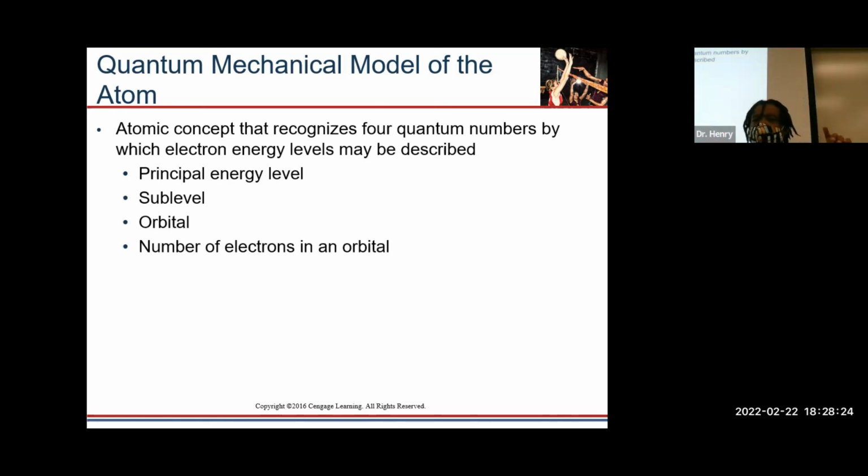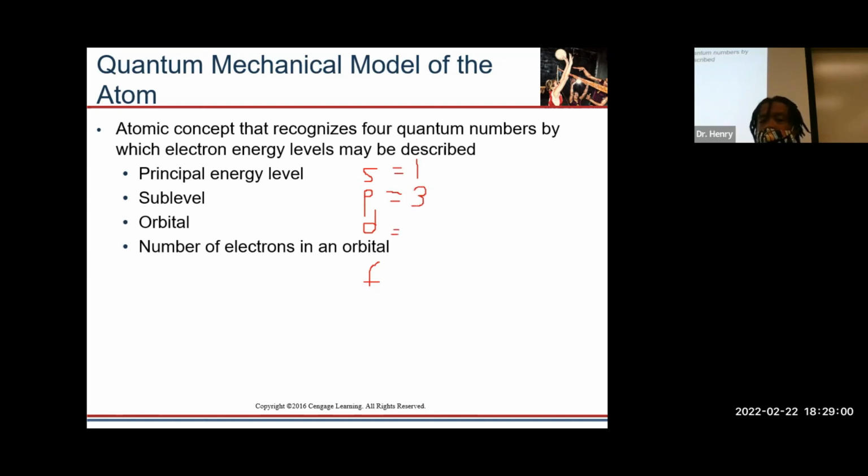The principal energy level, as I told you, is going to be our periods. The sublevels are going to be S, P, D, and F. The S sublevel has 1 orbital. The P sublevel has 3 orbitals.